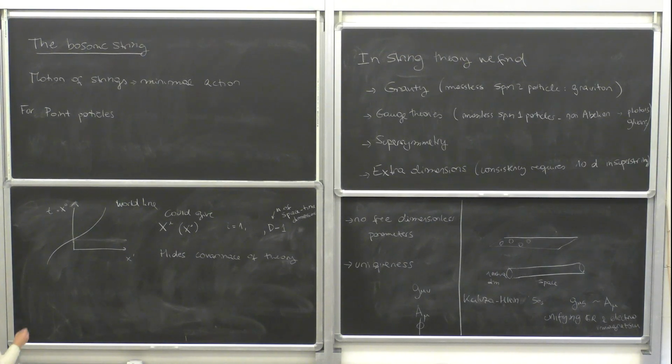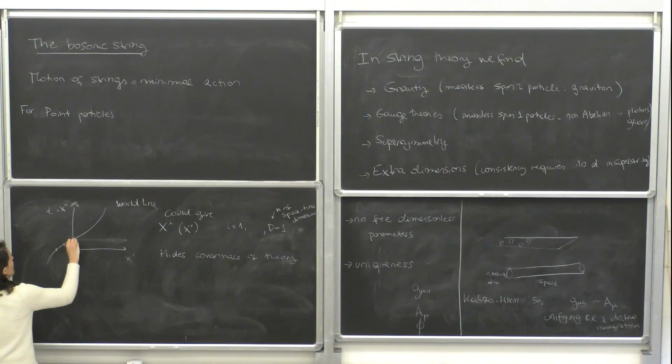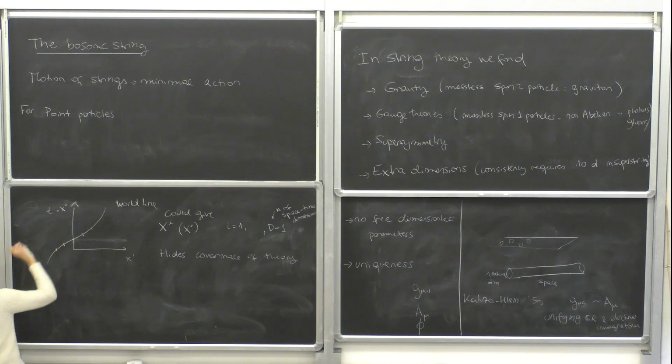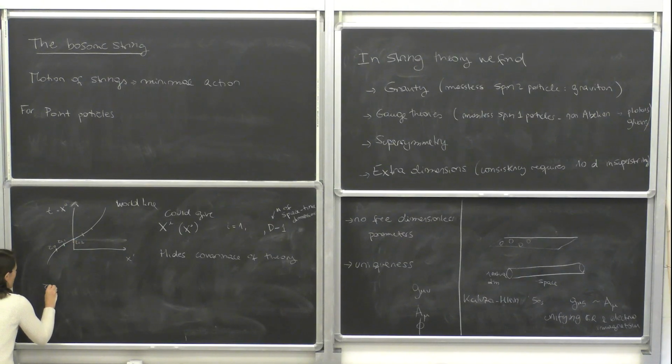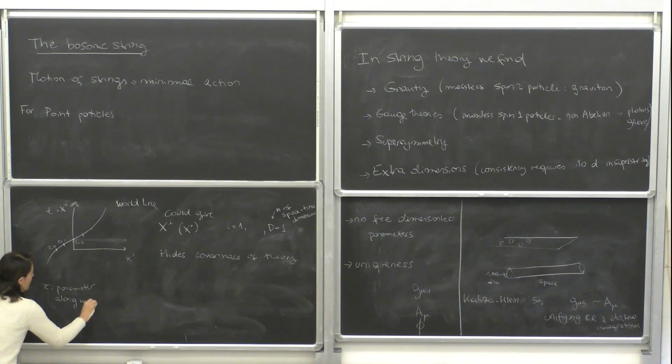So what we do is define a parameter along the world line that we call tau. And this could be, for example, tau equals 0, tau equals 1, tau equals 2. So this tau is a parameter along the world line.